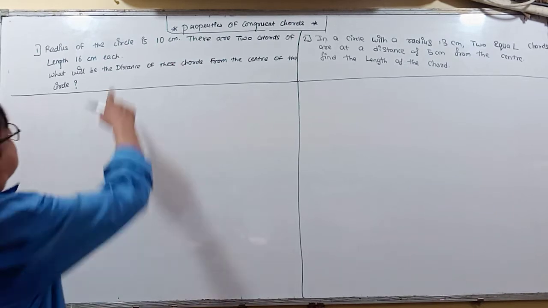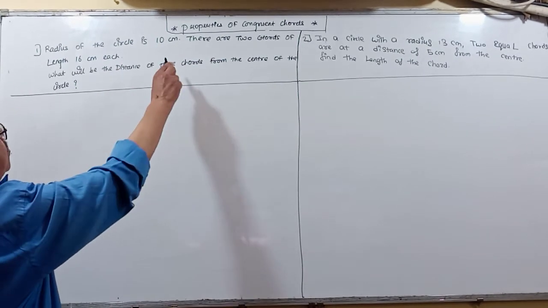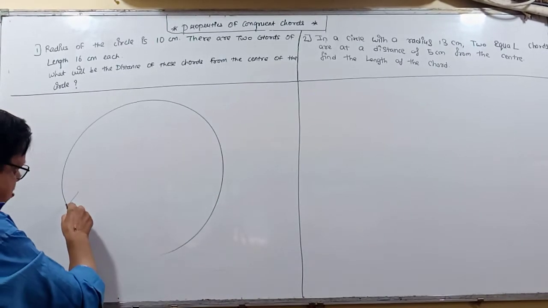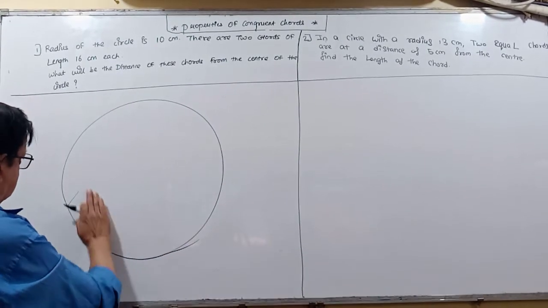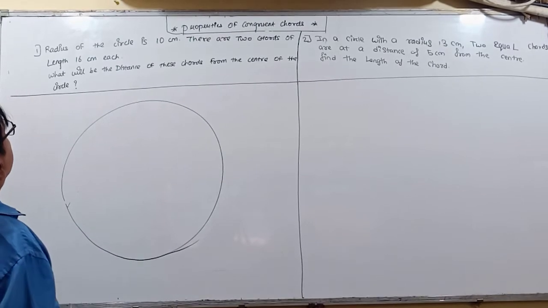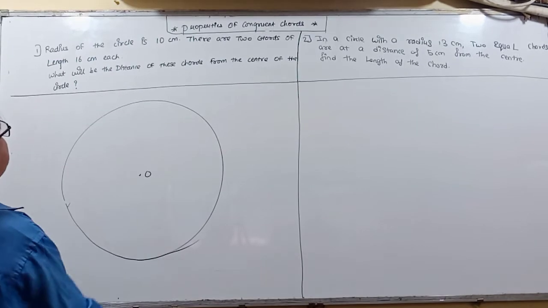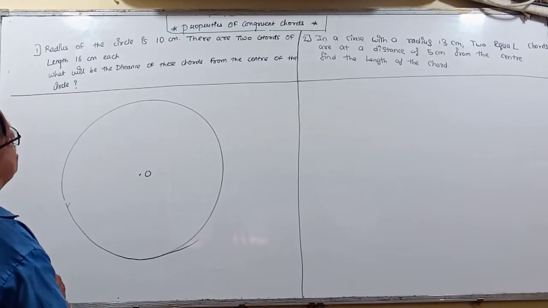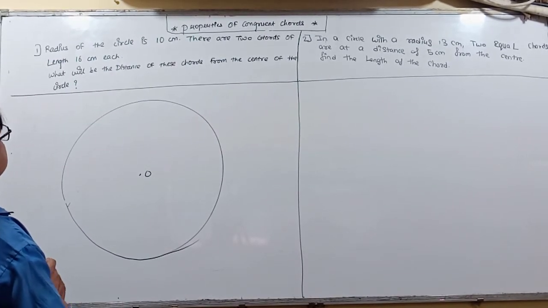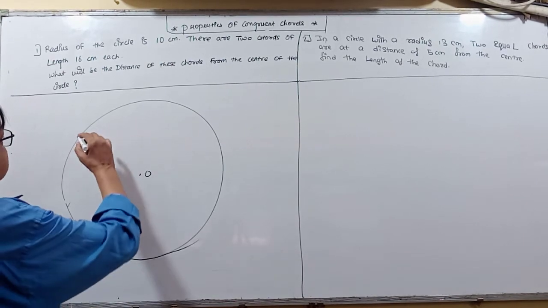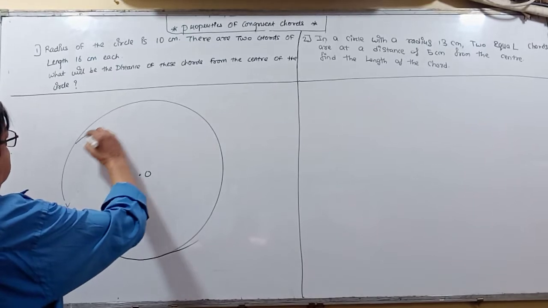Alright, let's see this one. Properties of congruent chords. We draw a nice looking circle here. Suppose this is O, the center, and the radius is 10 centimeters. There are two chords of length 16 centimeters each.